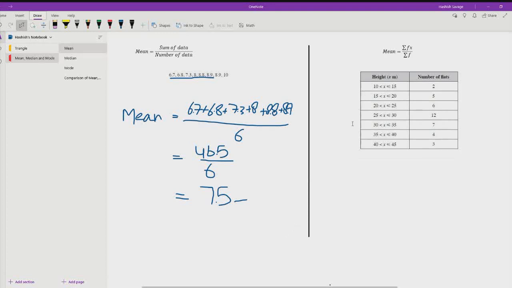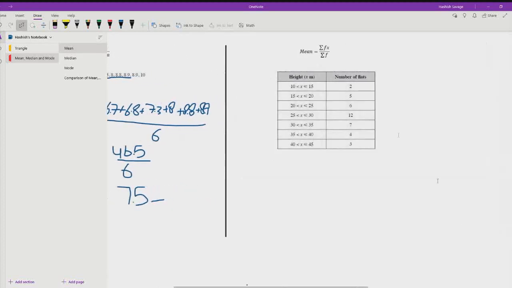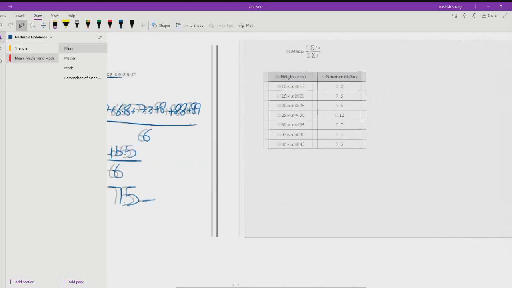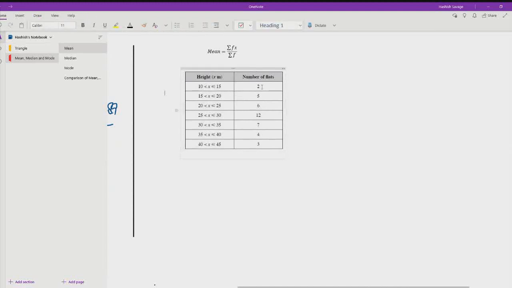Now let's talk about another type of question that you can come across when you are dealing with mean. In this type of question, you will find the data in the form of a table or a group. The data is given such that this is the height of some flats and these are the number of flats. For example, there are two flats which have a height greater than 10 and less than or equal to 15, and 5 flats having a height greater than 15 and less than or equal to 20.